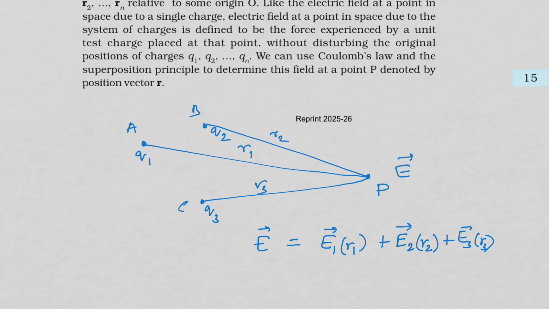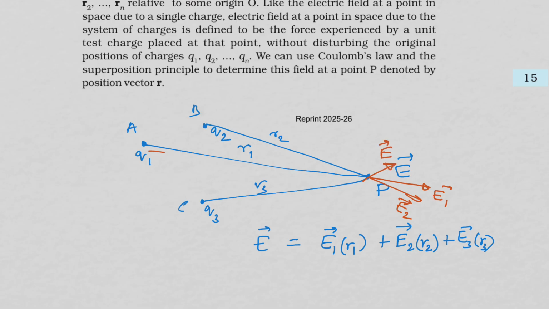So what we have done here is, due to Q1 the electric field will be in this direction maybe, due to Q2 the direction of the electric field will be this, and for Q3 the direction will be this.